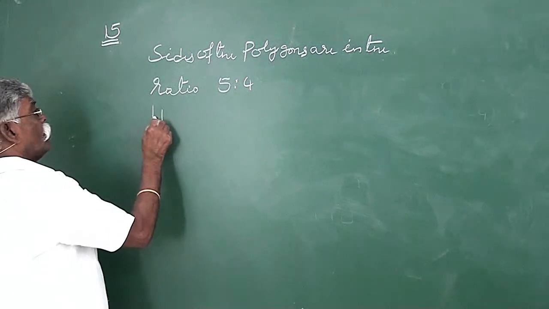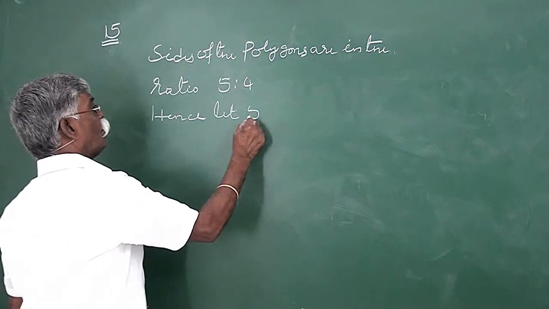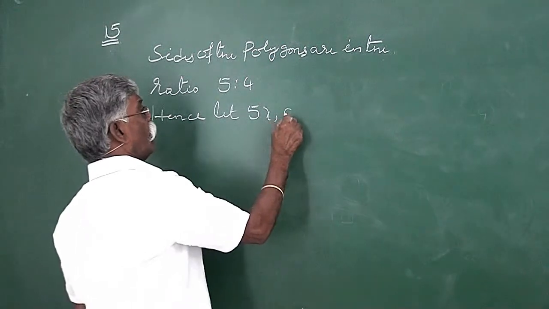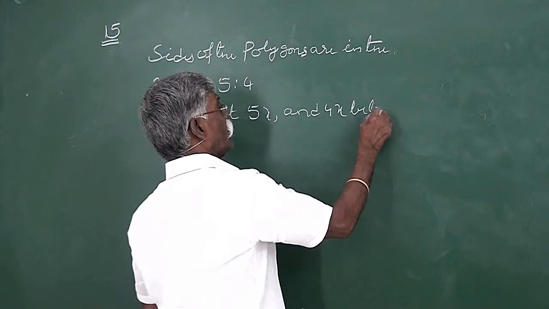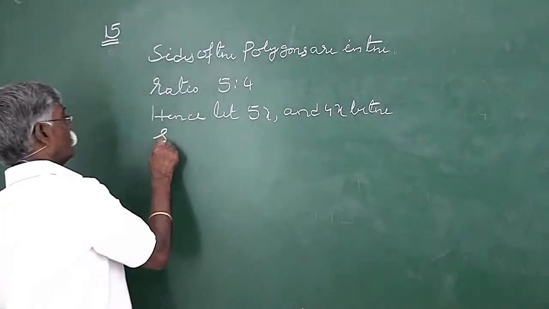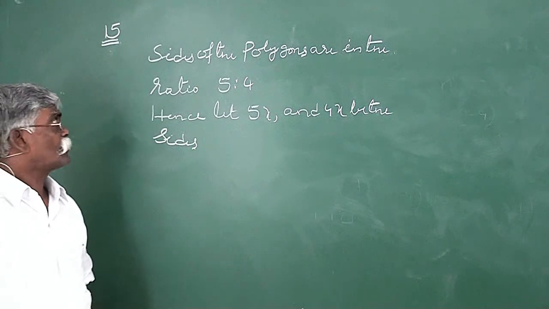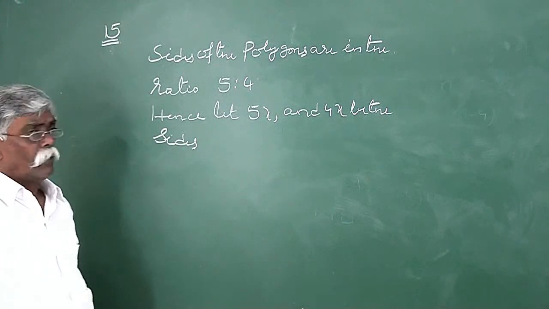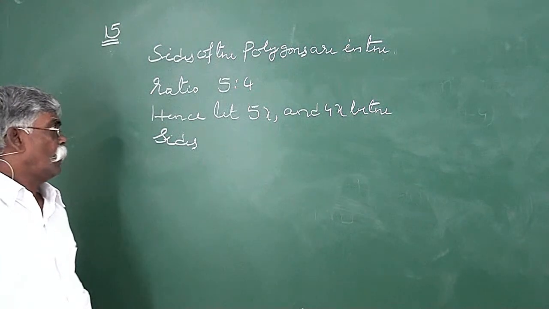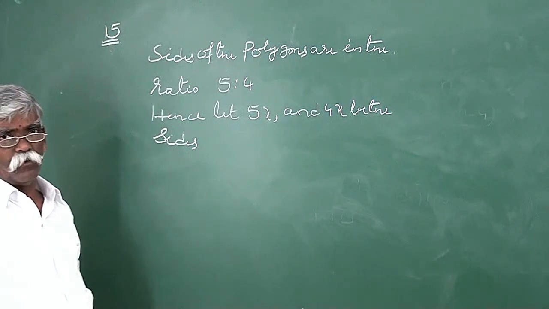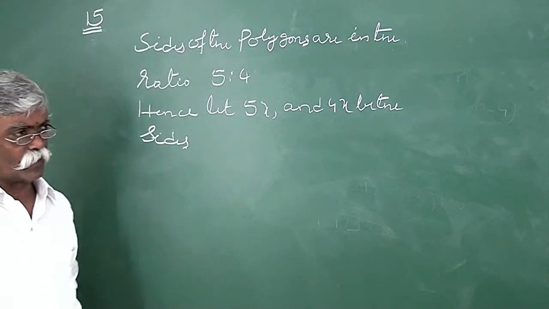Hence, let 5x and 4x be the sides. So the sides of the polygons are given as 5:4. For that reason, we are taking the sides to be 5x and 4x.